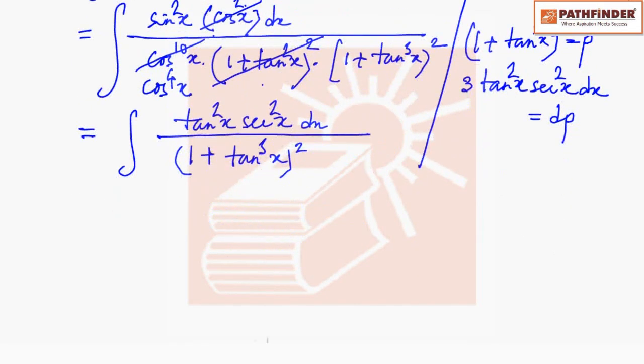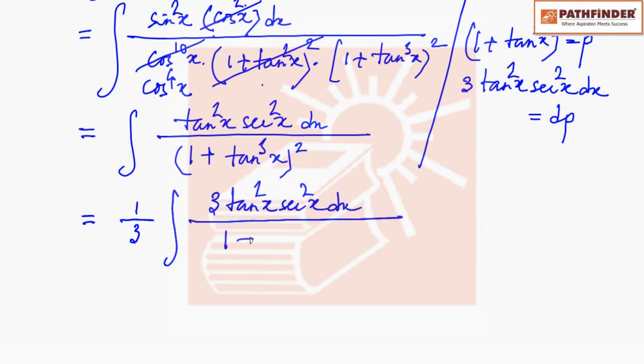It will be 1 by 3 tan square x sec square x dx by (1 plus tan cube x) whole square.